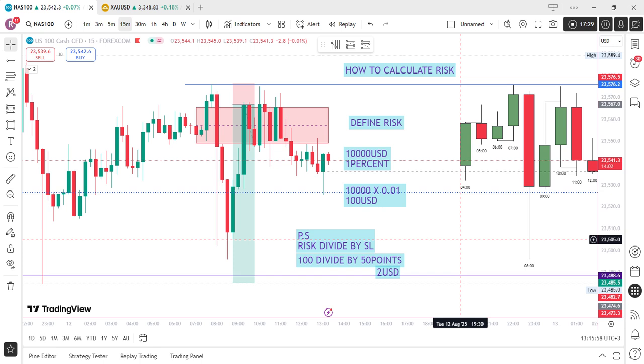Lastly, I'll be giving you the key risk management principles. For example, you always have to know how much is at risk before even entering the trade. You must plan it earlier. You must know, okay, I'm entering here, this is the amount of points I've calculated, and you know the risk even before you enter the trade.